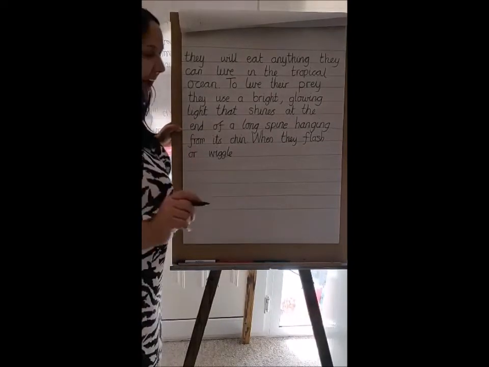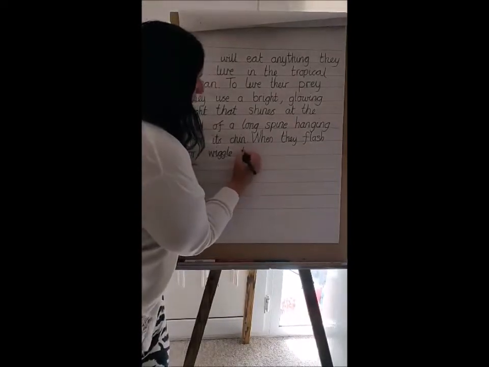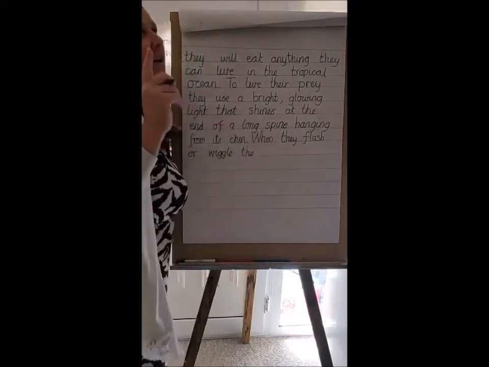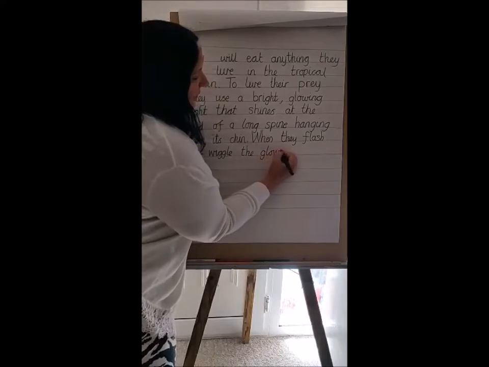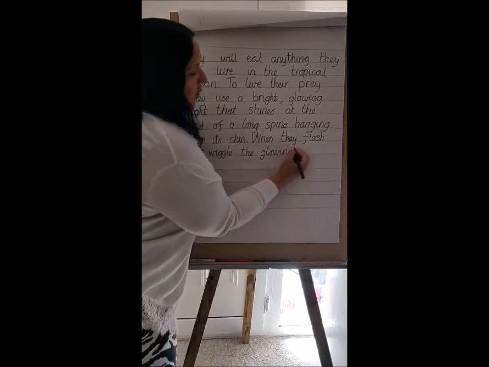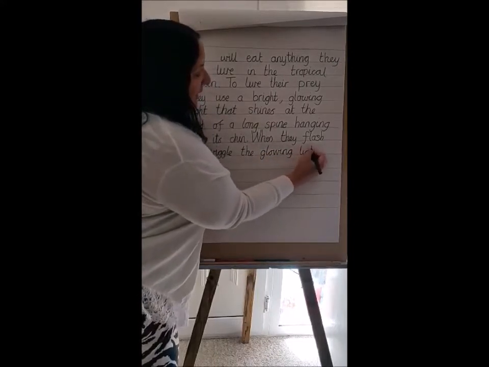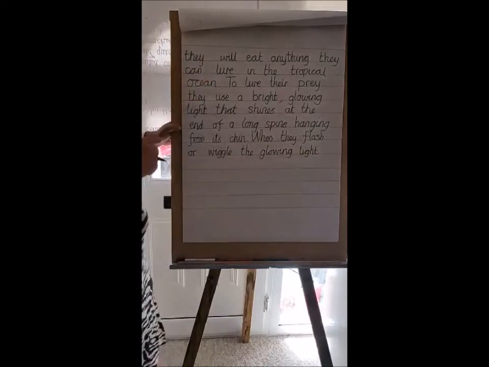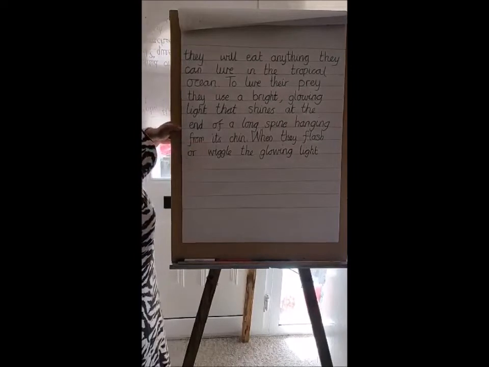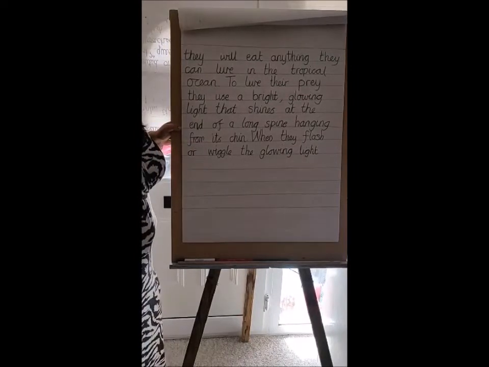So when they flash or wiggle the light, the glowing lights, add that little bit more detail. When they flash or wiggle the glowing light. This is the next half now of the sentence.